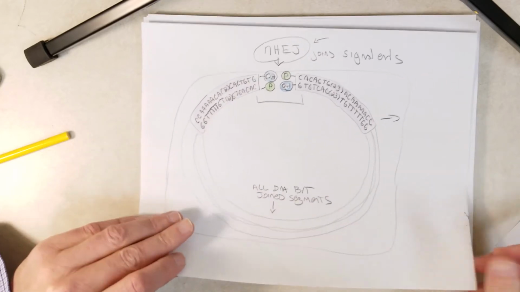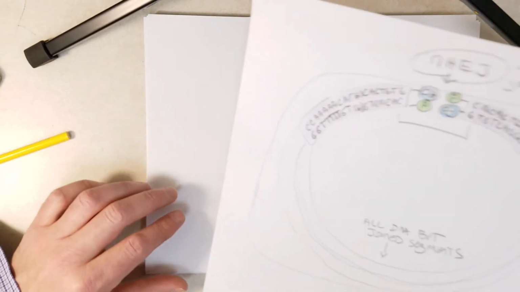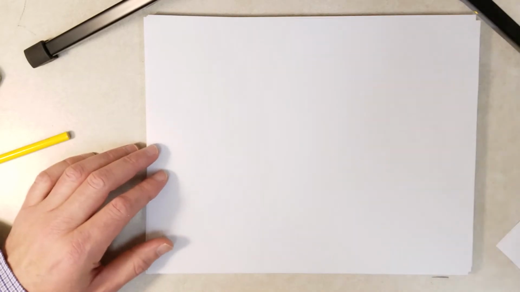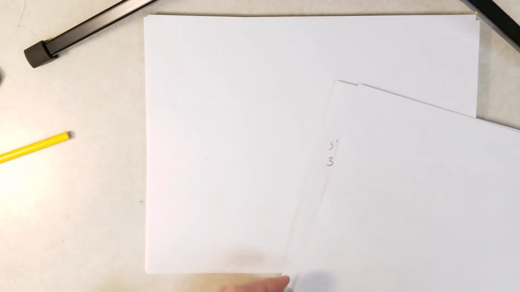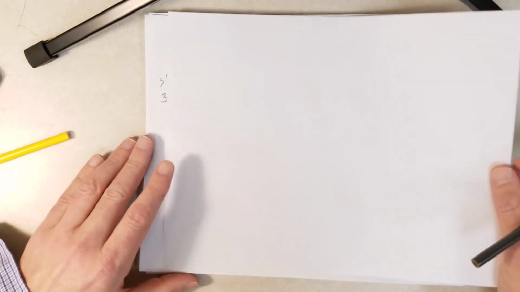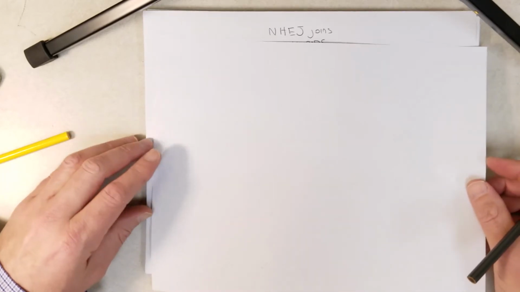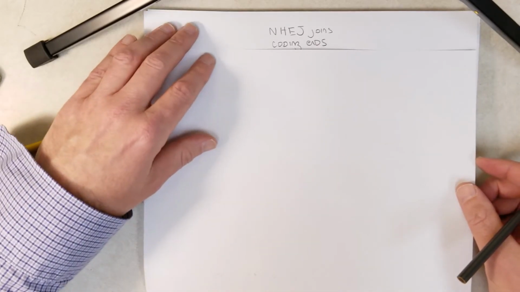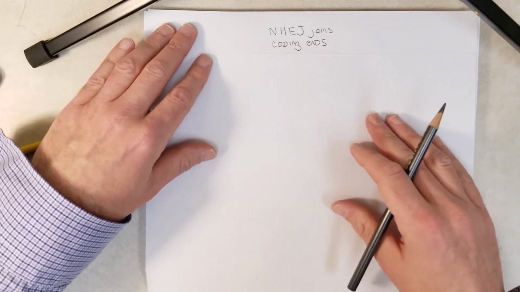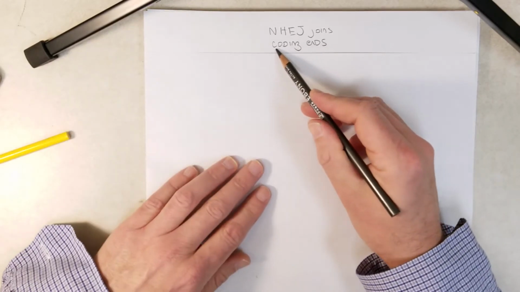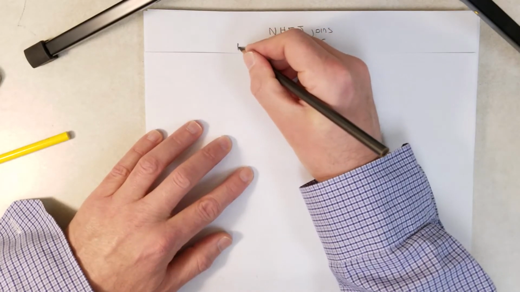Now, the important part that we need to consider is what happens to those coding ends. Non-homologous end joining, the proteins involved in joining double-stranded loose DNA ends, is going to process the hairpin coding ends.